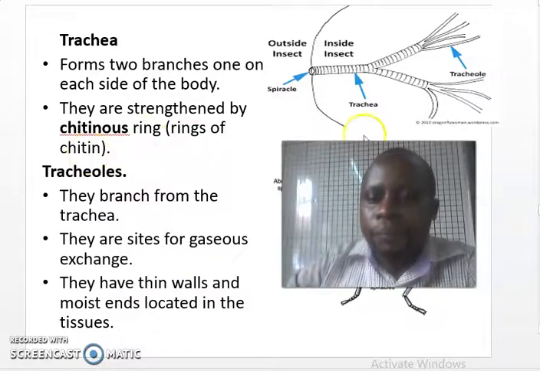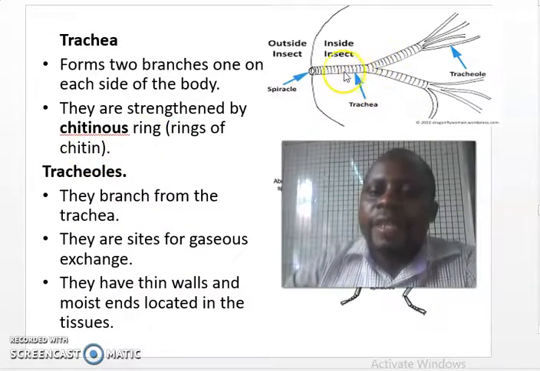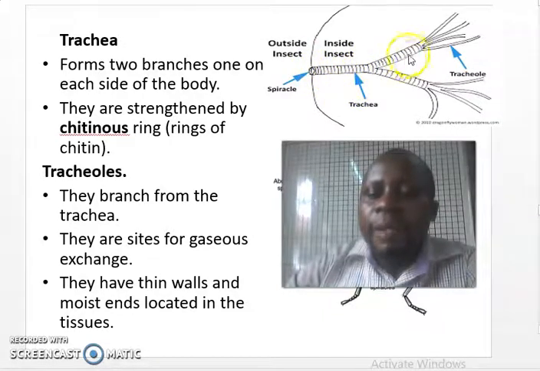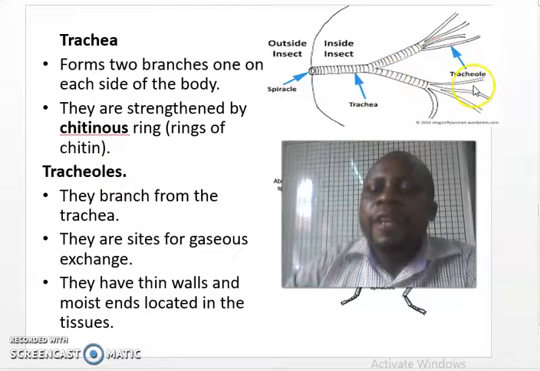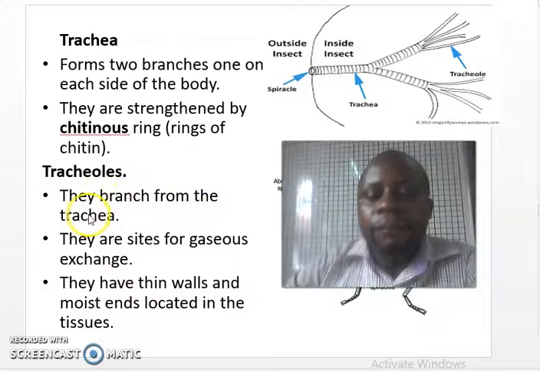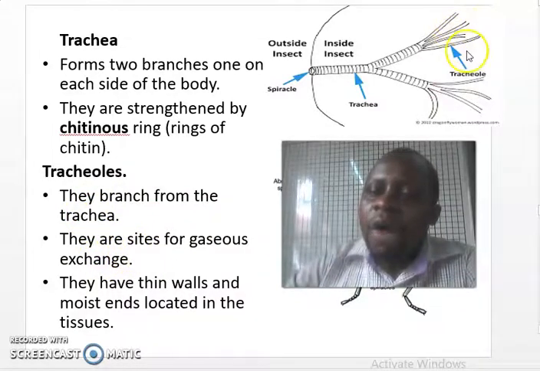The rings of chitin prevent the trachea from collapsing. Then the trachea finally ends into finer tubes called tracheoles. Tracheoles branch from the trachea. They are the site for gaseous exchange. So gaseous exchange occurs at the tracheoles.